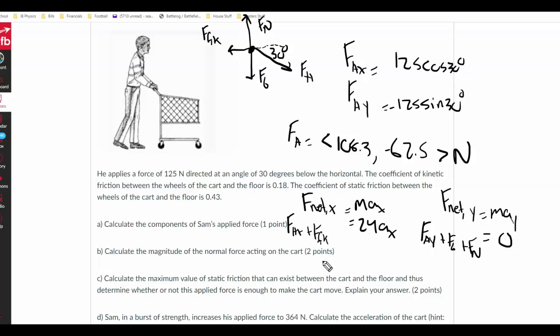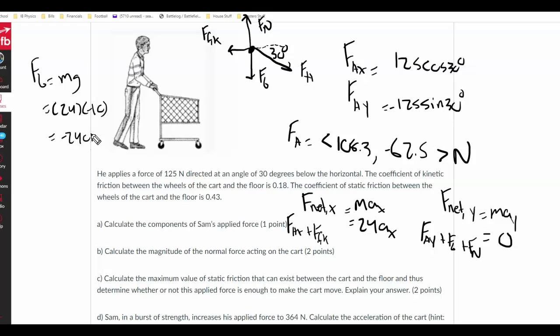For B, we're asked to find the magnitude of the normal force acting on the cart. Once you have this setup done, you look over here and you say, oh, I'm looking for Fn. So I need two things to find Fn. I need Fay, which I actually already found, and I need Fg, which I can find very easily because Fg is mg. So that would just be the mass, which is 24 times negative 10 meters per second squared.